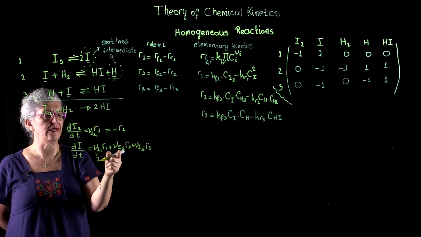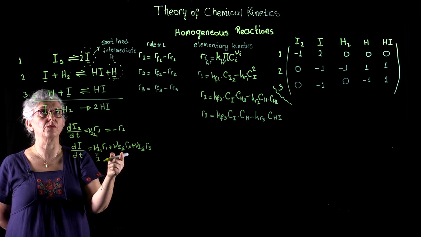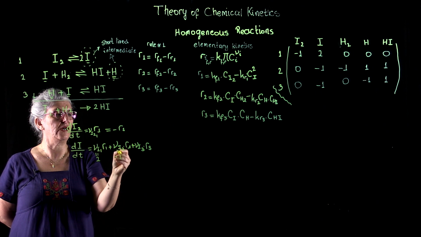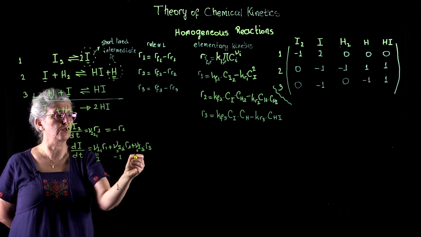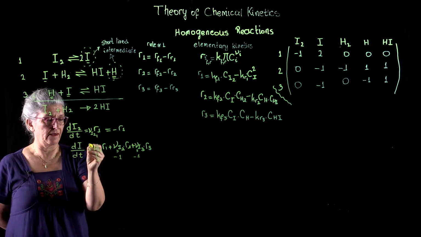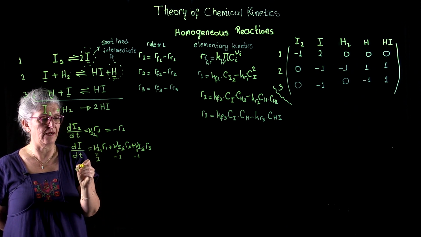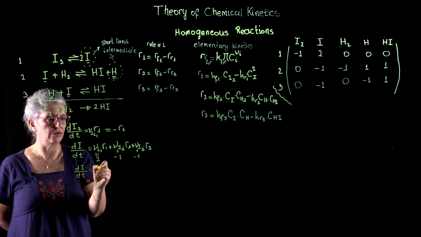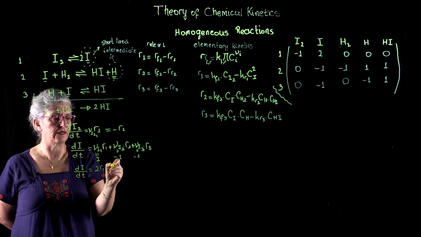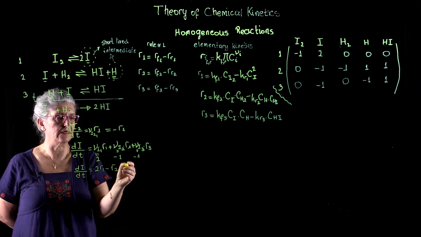Nu I in reaction 2 is equal to minus 1. And nu I in reaction 3 is equal to also minus 1. So let's clean this up to write dI over dt to be equal to 2R1 minus R2 minus R3.